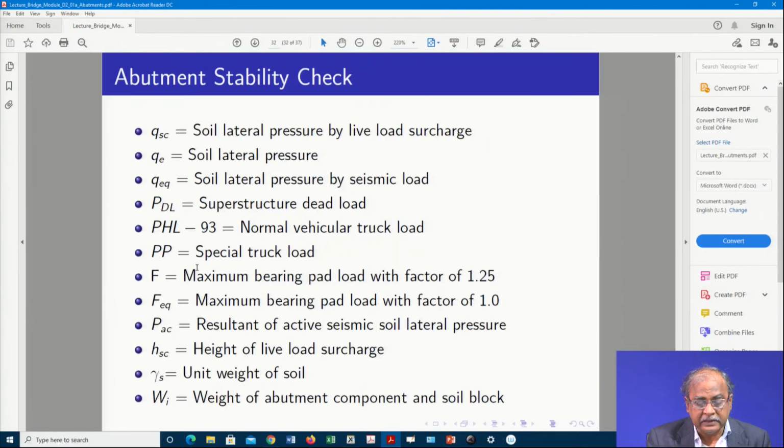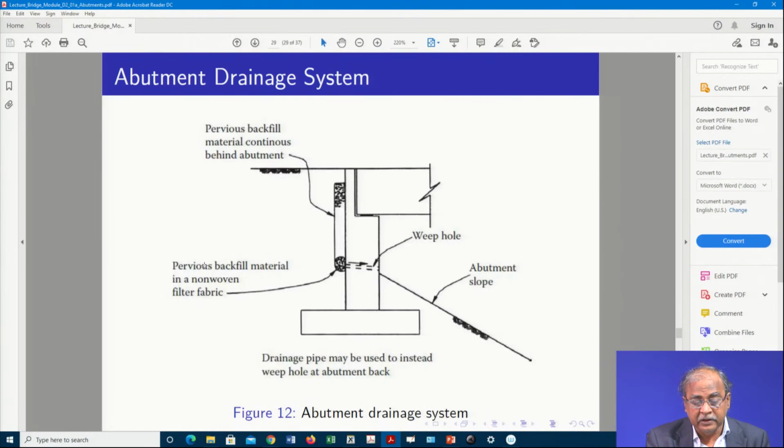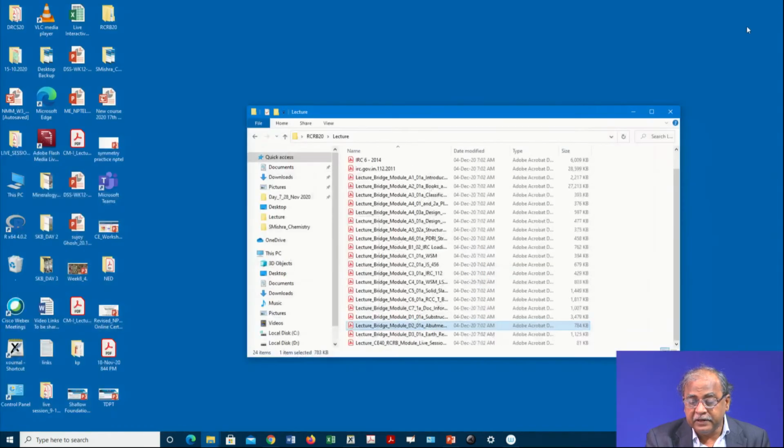There are also things like abutment drainage that we do. But depending on the type of abutment, we break it up into design for bending, design for column or axial load, design for torsion, and design for shear.